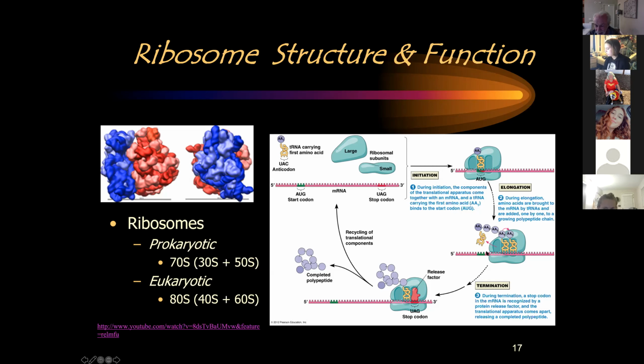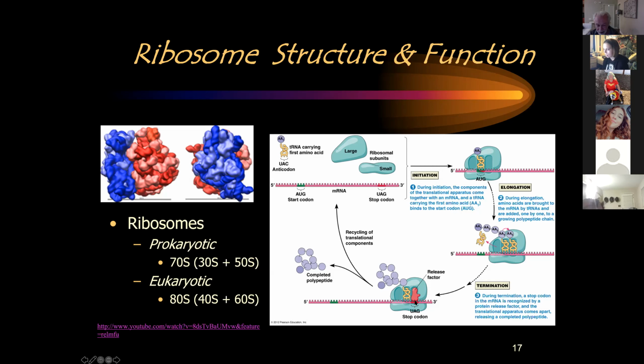And then as the ribosome moves down the message, more tRNAs come in, each with its own specific amino acid attached, so that you end up building a chain. Amino acid 1, 2, 3, 4, 5, and it keeps going on until it comes to a stop.